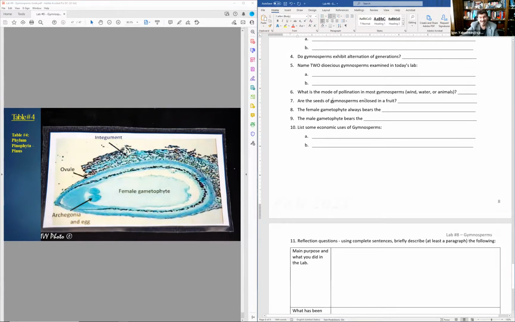No, that's the reason why they're called naked seeds, because they're not covered in fruit. The female gametophyte always bears the eggs. The male gametophyte bears the sperm, or you can say archegonia with the eggs, antheridia with the sperm, whichever you prefer. But eggs and sperm would work.